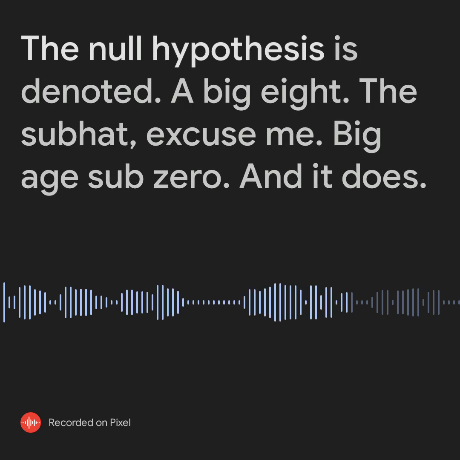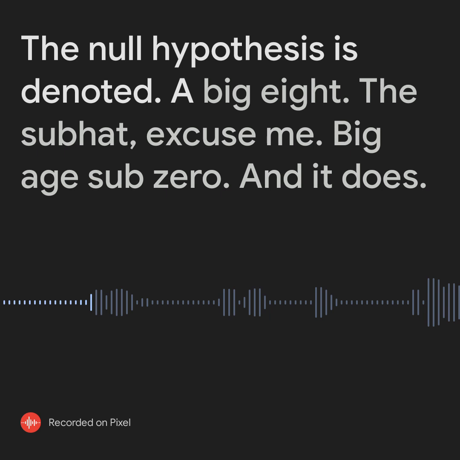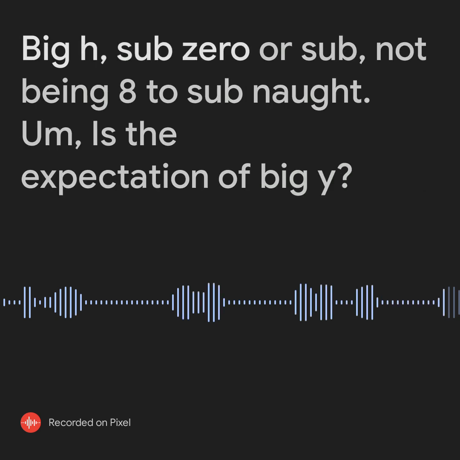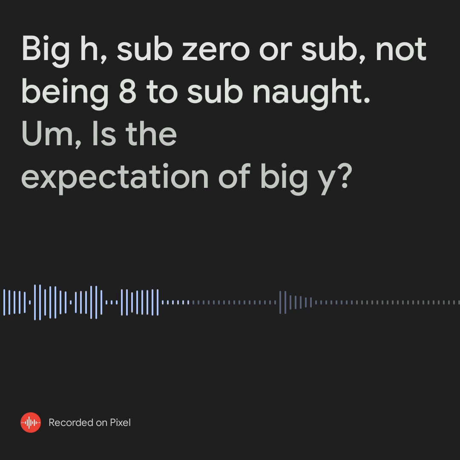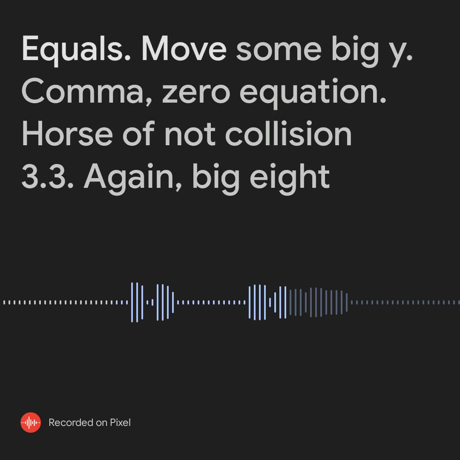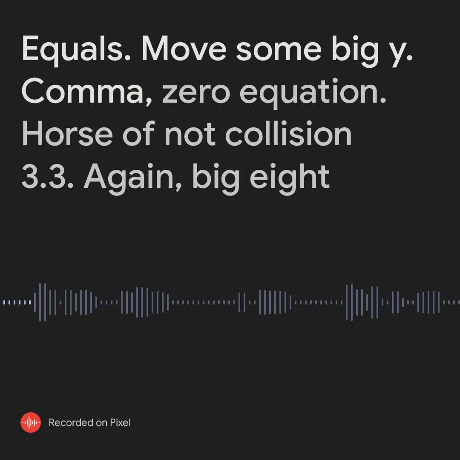The null hypothesis is denoted H sub 0, or H naught, and is: the expectation of Y equals mu sub Y,0, equation 3.3.